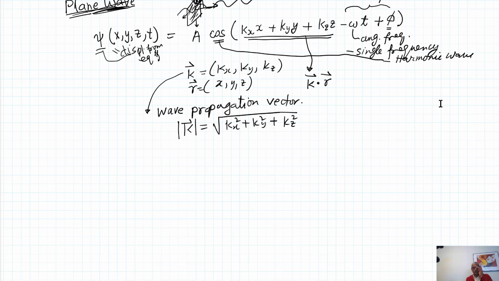This magnitude we will denote just without the arrow, and this is the wave number. This property is called wave number, and you've already met wavelength. Wavelength is related to k. Lambda is 2 pi over k.